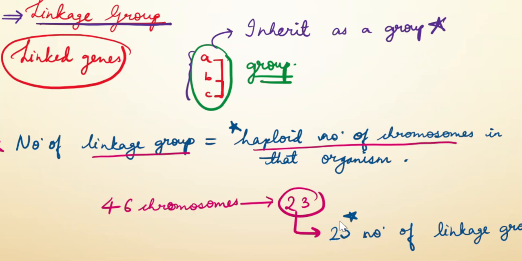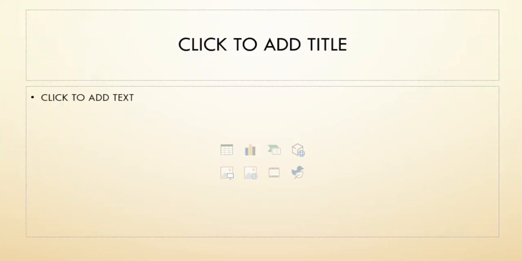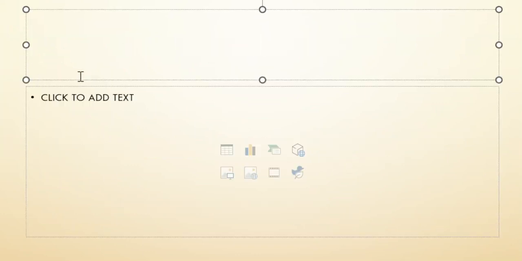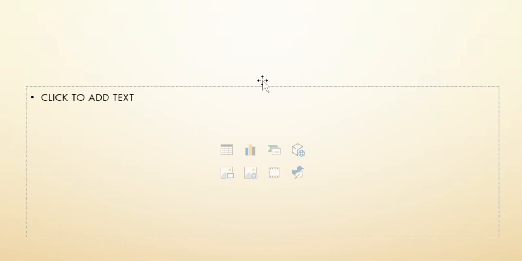Now if we speak about the garden pea plant, it has 14 chromosomes, which means 7 pairs of chromosomes.